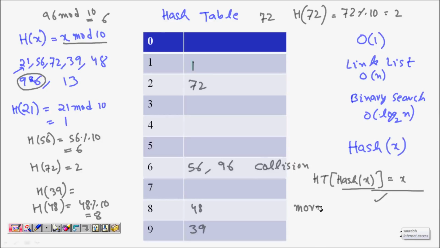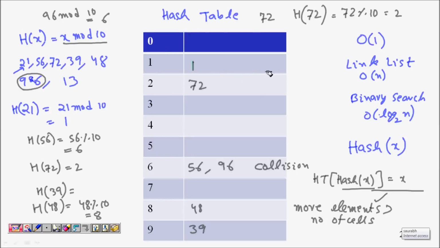If you have more elements than the number of cells, you will definitely have collisions. In fact, even if you don't have that many elements, you can still have collisions. Can you think what will produce collisions here?